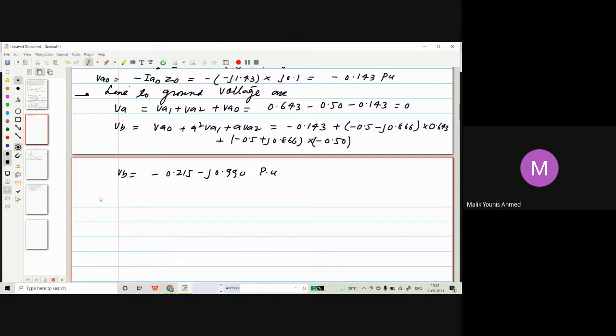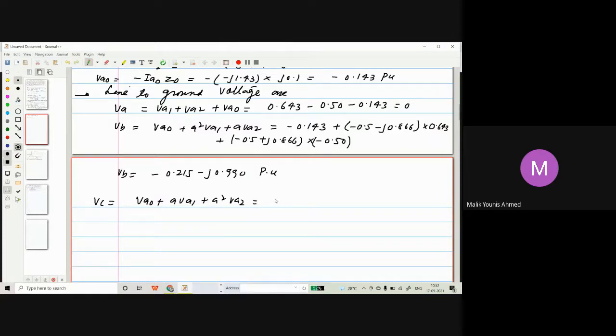Then VC, similarly, we have to write in terms of the sequence components of the voltage. We can use the formula, that formula we know: VA0 plus a VA1 plus a square VA2. So we'll again substitute the values.